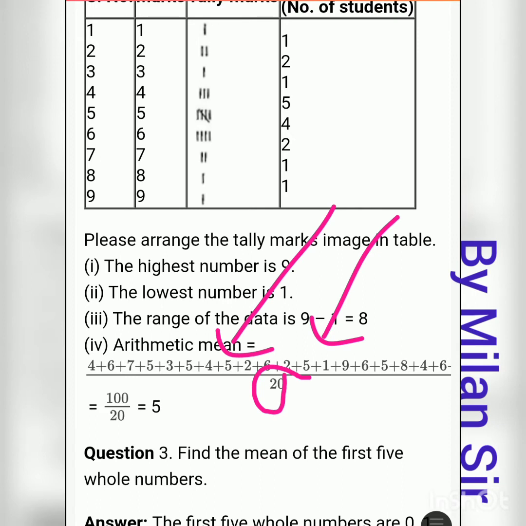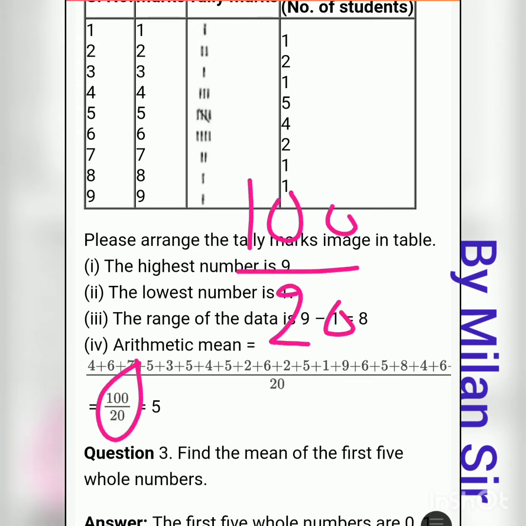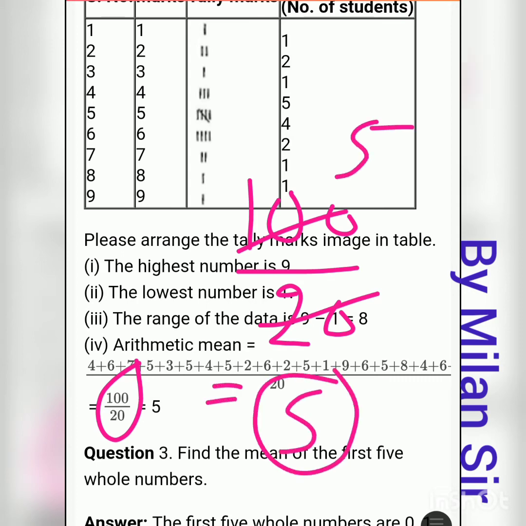In the numerator we need to find the sum, and in the denominator total numbers is equal to 20. Now addition is 100 divided by 20. We can simplify this: 20 fives are 100. So arithmetic mean is 5.